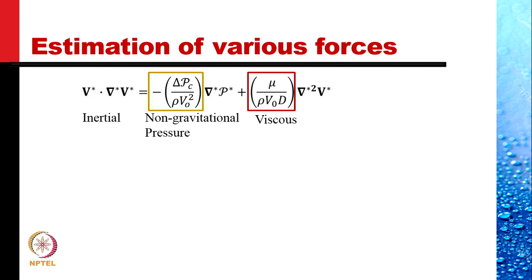The coefficient of the first term on the right, delta Pc over rho V naught square, is like 1 over Euler number, and the coefficient mu divided by rho V naught d of the viscous force term is like 1 over Reynolds number.